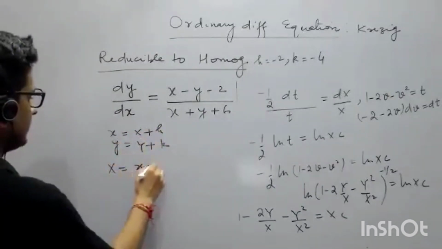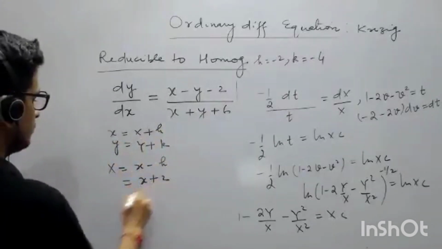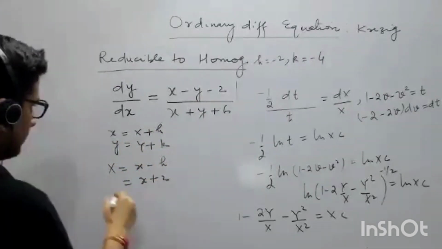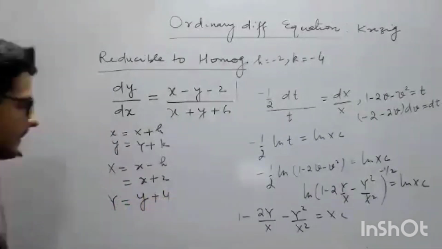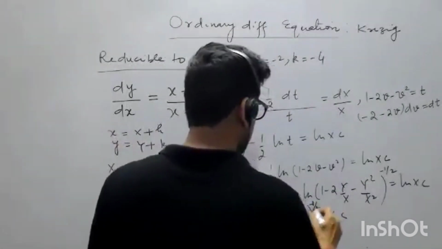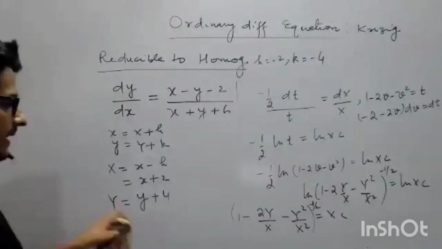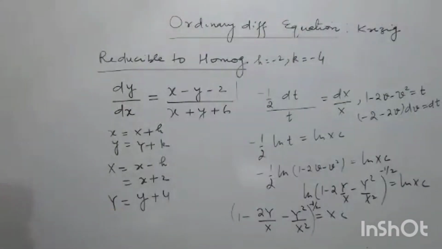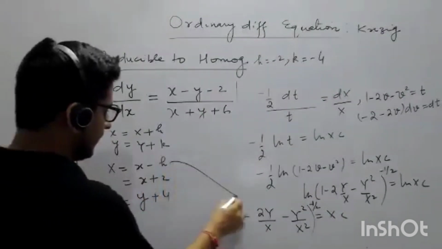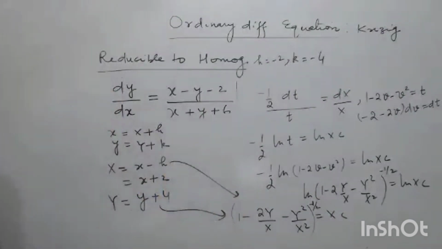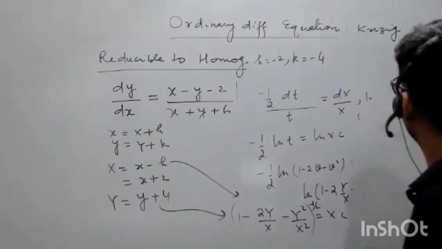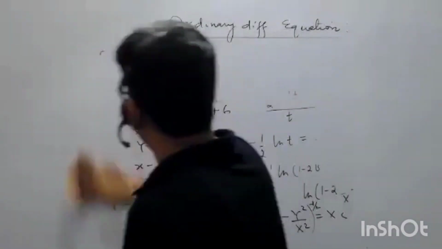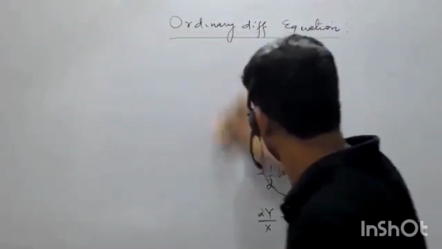So capital X is x minus h, which is x plus 2. Capital Y is small y plus 4. Just substitute these values here and that is the answer, because you want the answer in terms of small x and small y. Okay, the procedure is clear. Let me come now to the next one, which is linear.